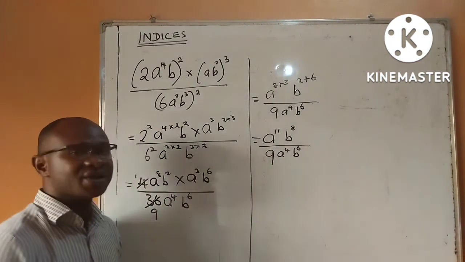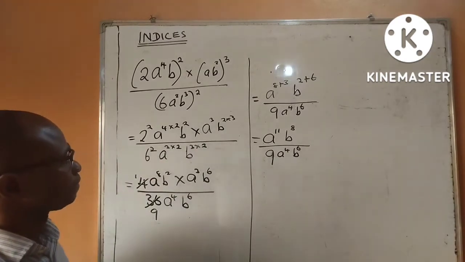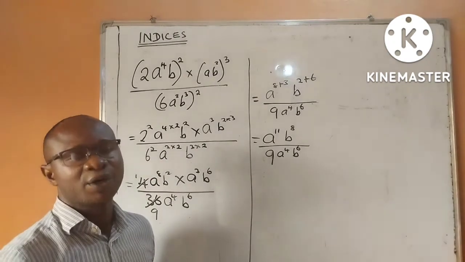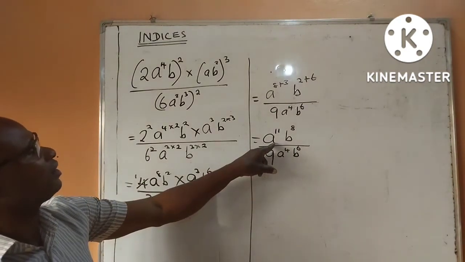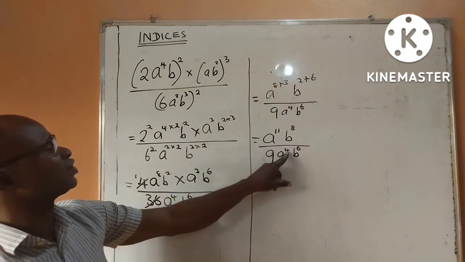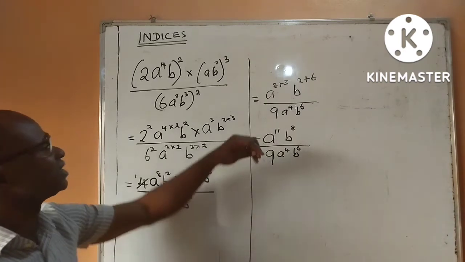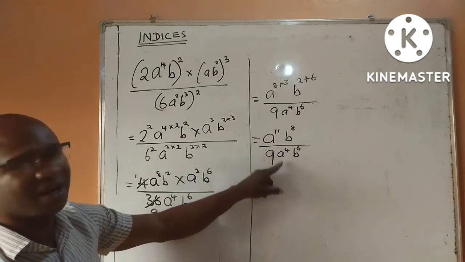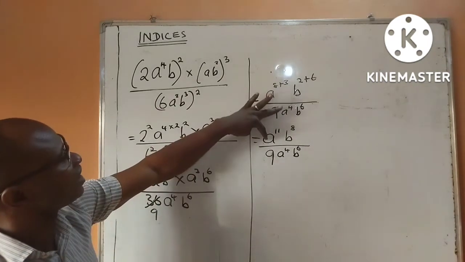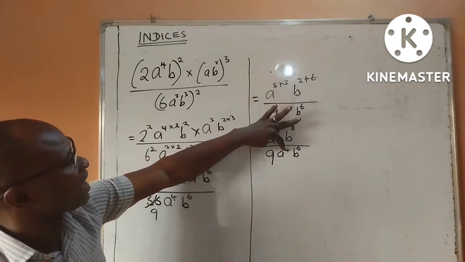Next, I will apply the division law of indices. So I have a raised to the power 11 divided by a raised to the power 4. What I'll write now is, since the bases are the same and it is dividing, I am going to write a raised to the power 11 minus 4.